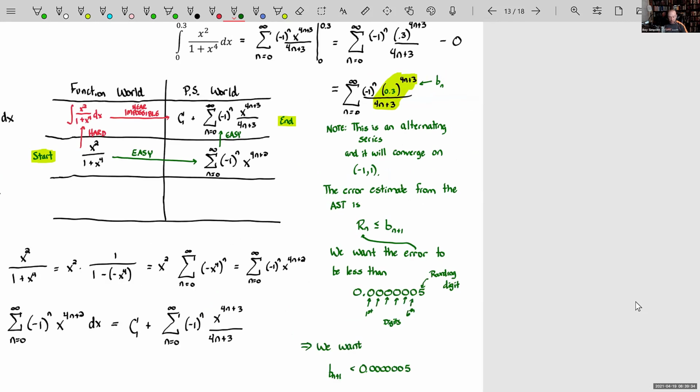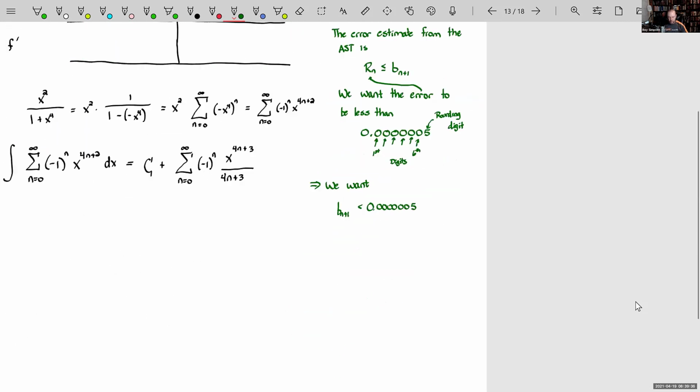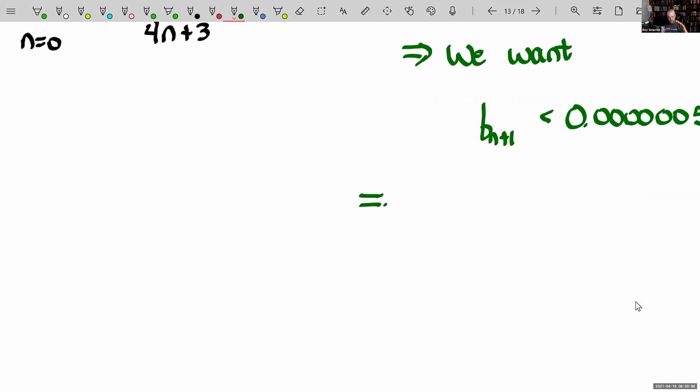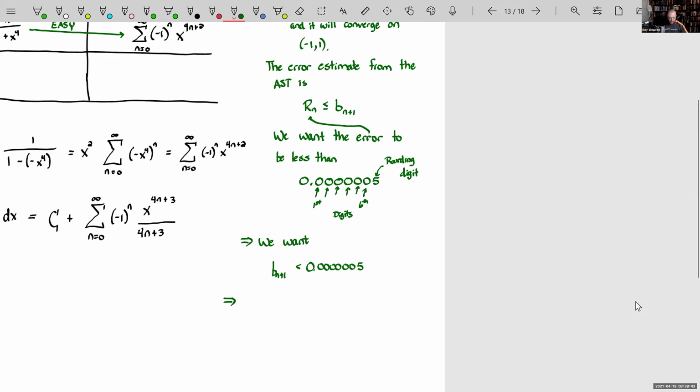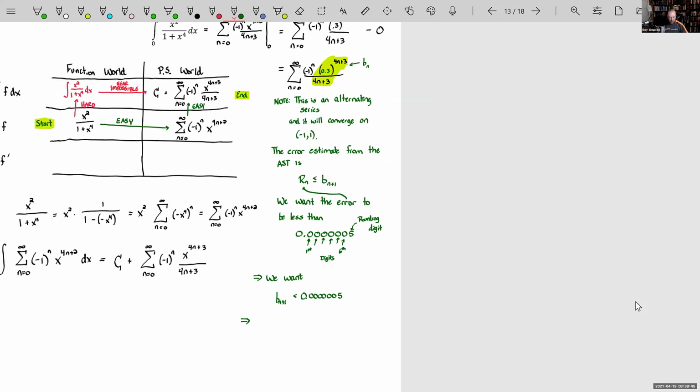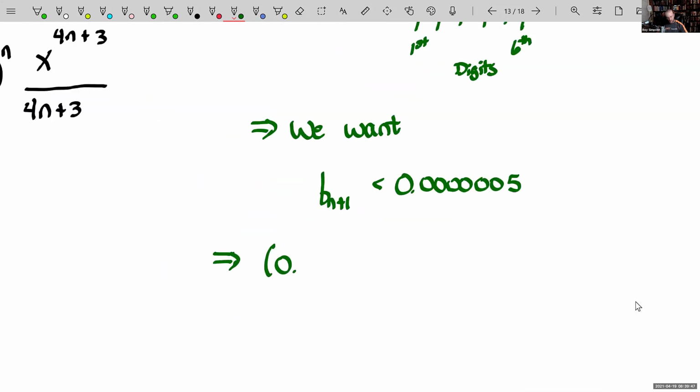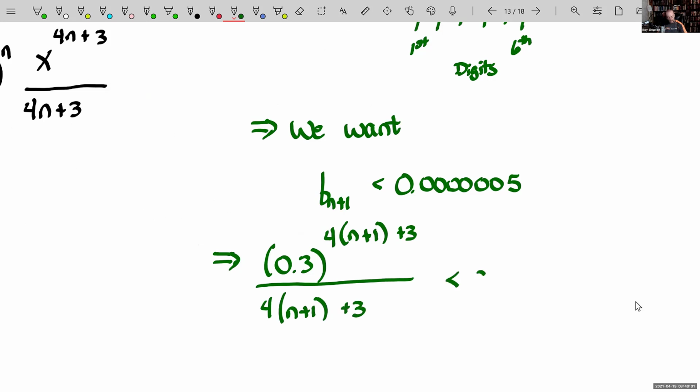Plugging in n plus 1, we want 0.3 raised to the 4 times n plus 1 plus 3, over 4 times n plus 1 plus 3, to be less than 0.0000005.